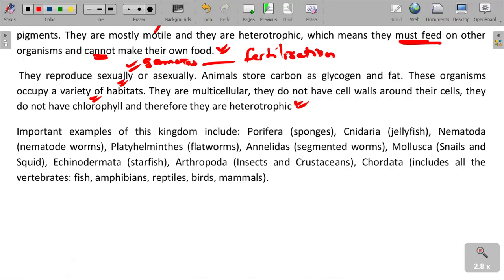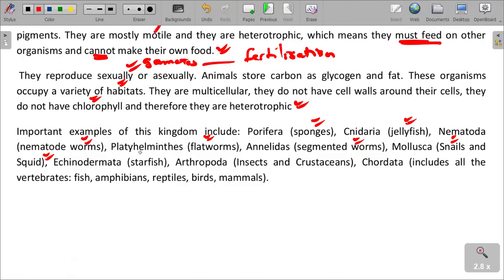And then we have important examples of the kingdom, which include the sponges, the jellyfish, the nematode worms, the flatworms. We also have the segmented worms, the snails, and squids.